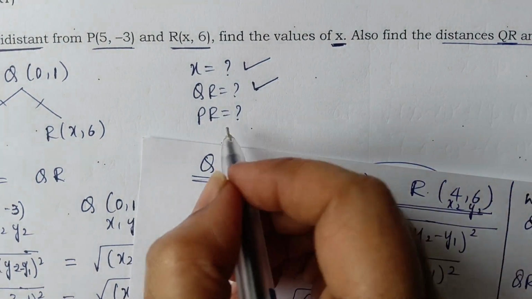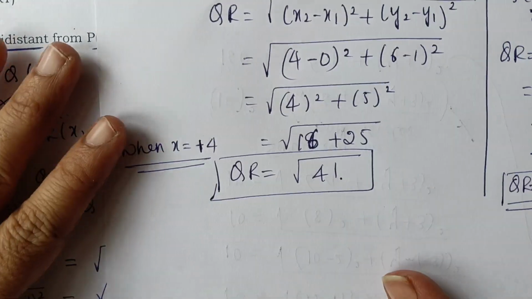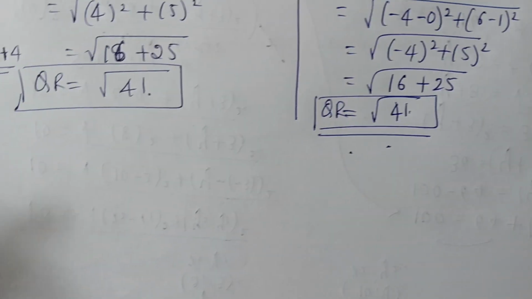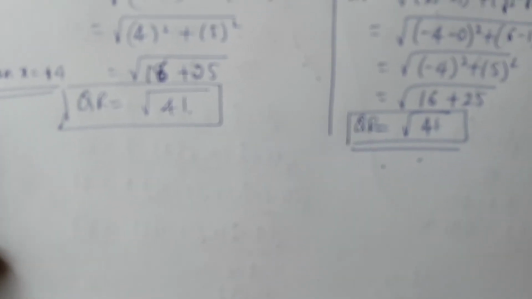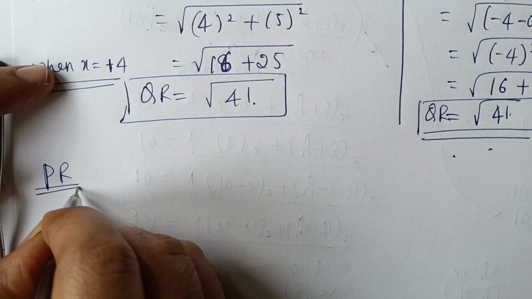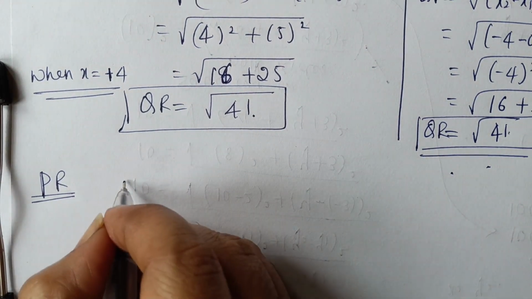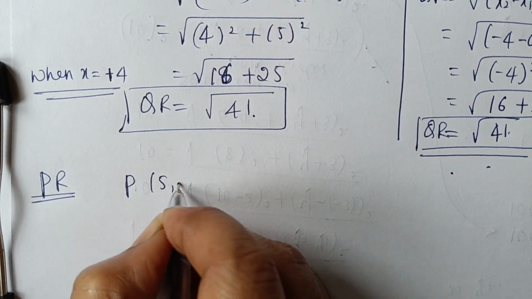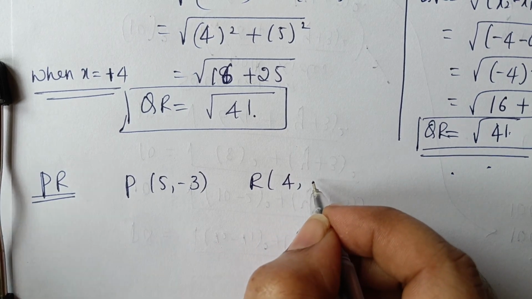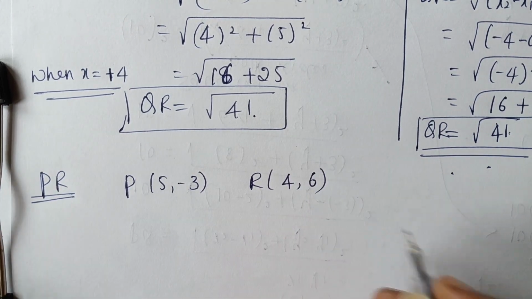Next we need to find out PR. That is also a different case, like case 2. So we need to find out PR. P is 5, minus 3 and R is 4, 6.